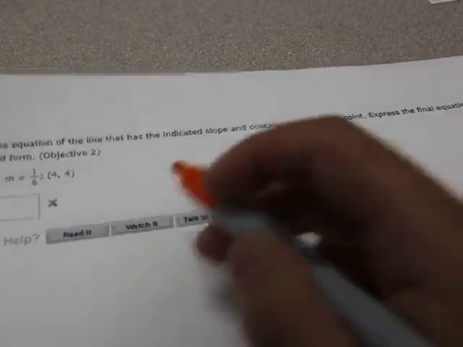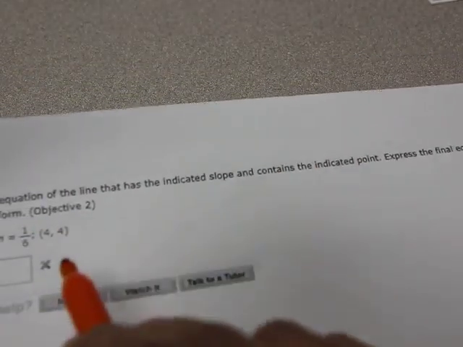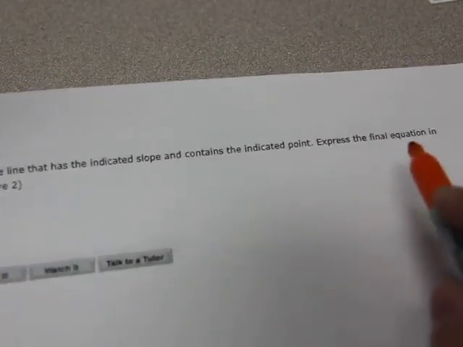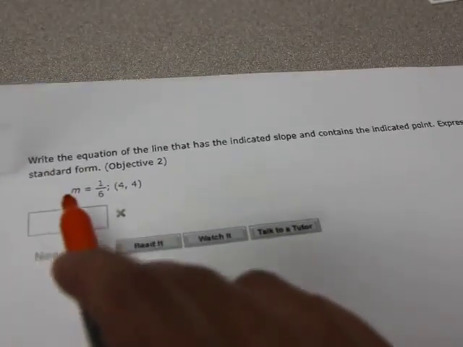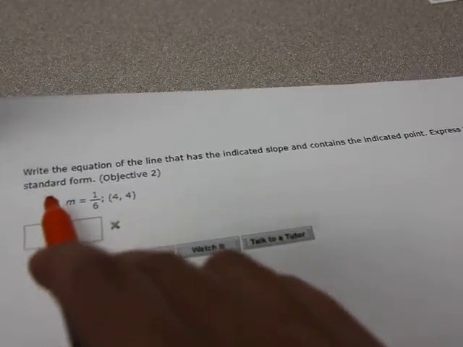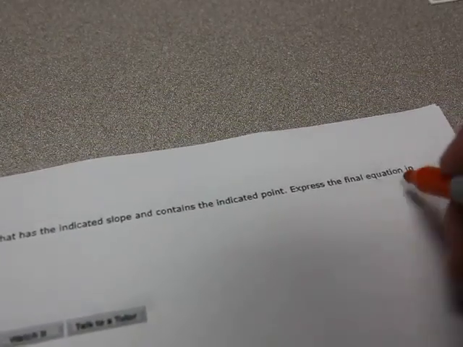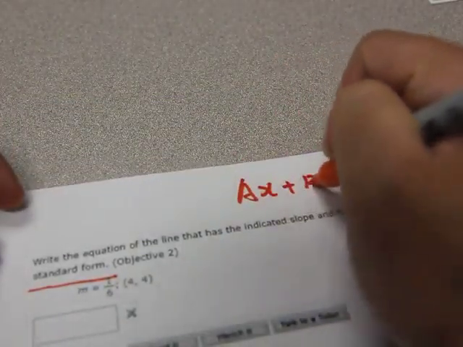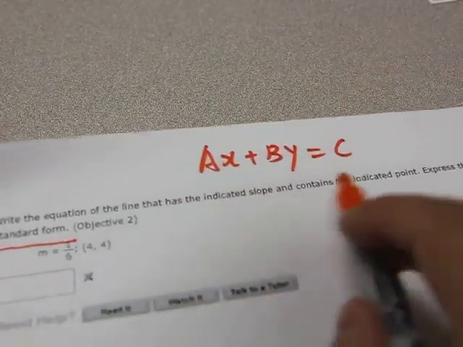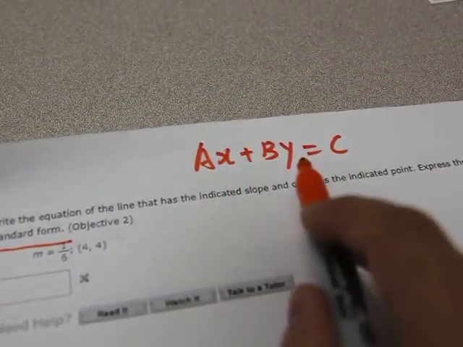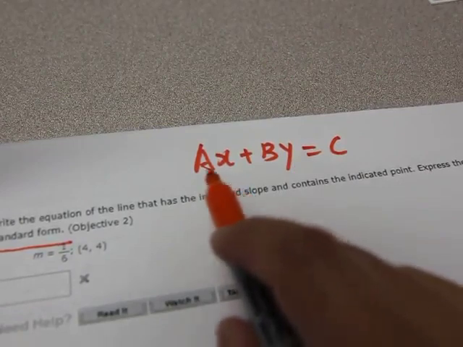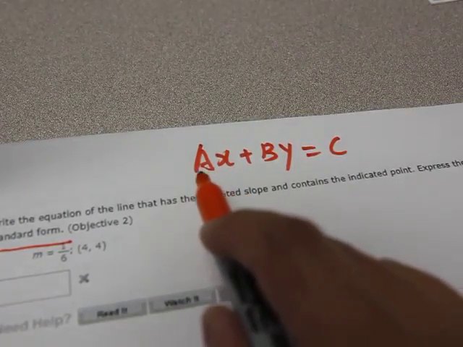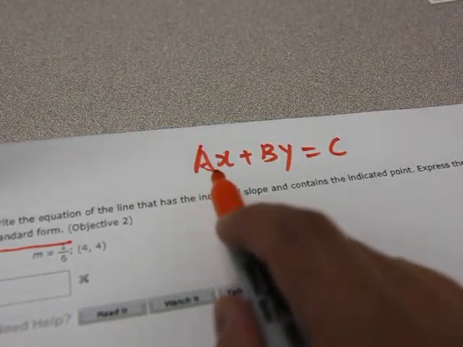So we want to use these two pieces of information to find the equation of the straight line, and we want to write the equation into standard form. So our answer must be something like this: x and y are on the same side, and the coefficient of x is a non-negative integer.